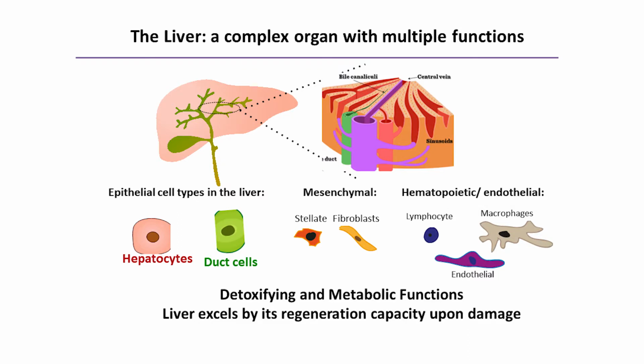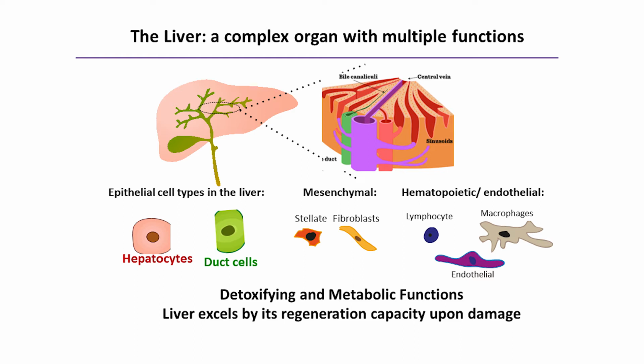So just briefly, the liver is made of many cell types. It's a very complex organ, but the epithelial cell types, which are the ones that do the function of detoxification and metabolization, are the hepatocytes, and they do not work alone. They work in conjunction with the other cell types in the liver. So indeed, if we want to make a proper liver organoid, we should aim to combine the different populations.